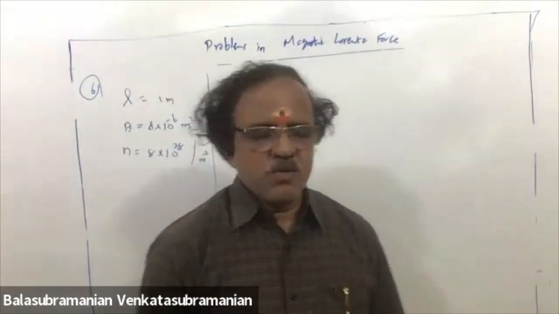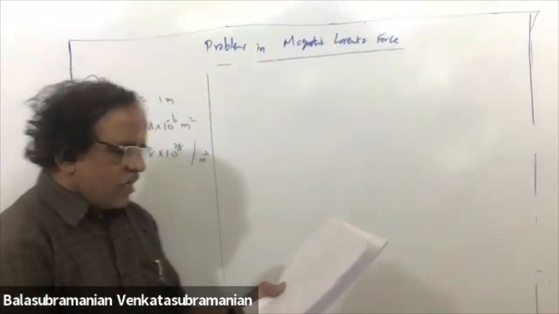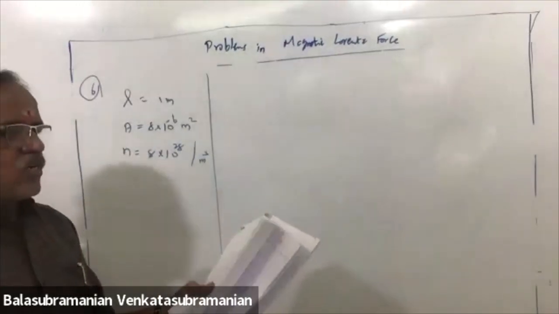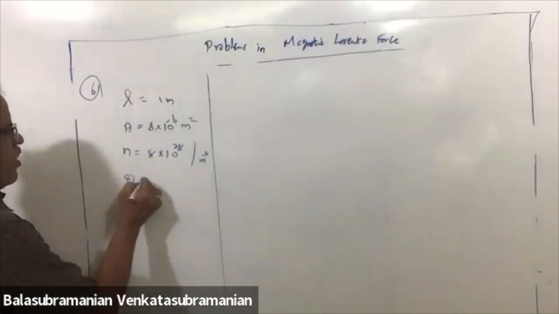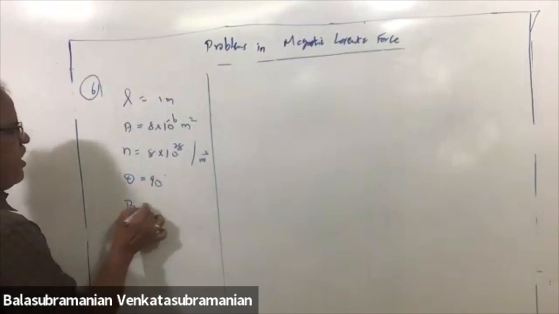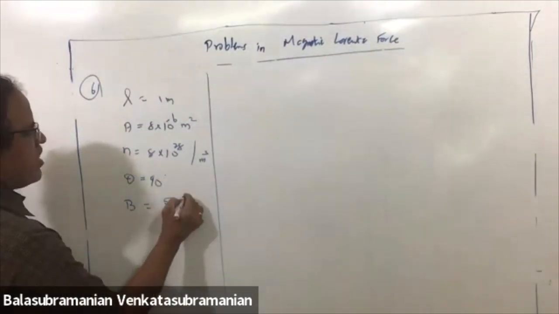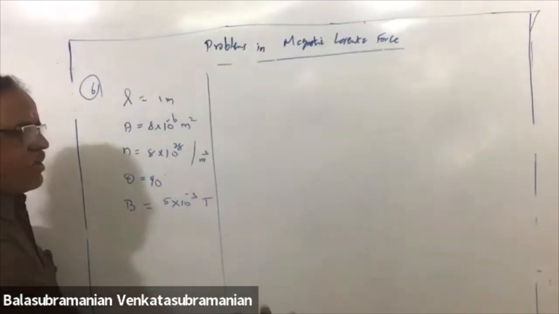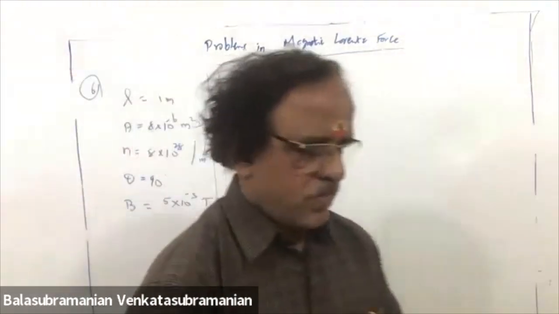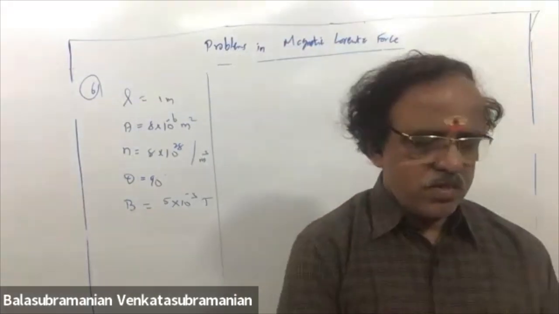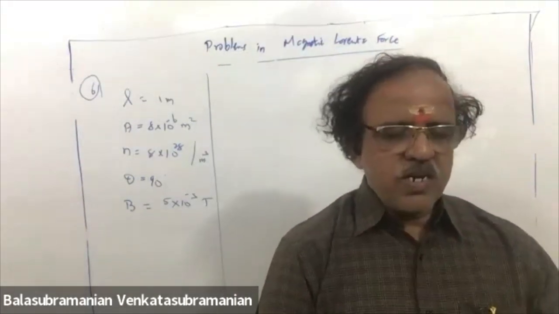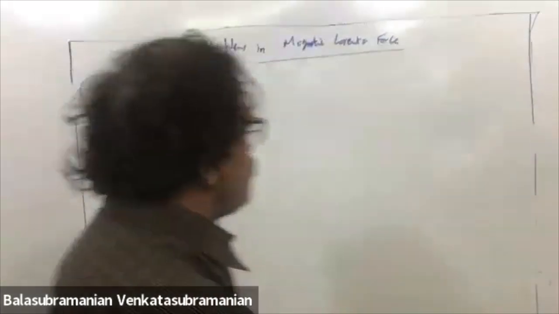Remaining as it is. What we have to calculate? Acting at right angle, theta 90. B value given, 5 into 10 power minus 3 Tesla. Then what you have to calculate? Force 8 into 10 power minus 2 Newton.